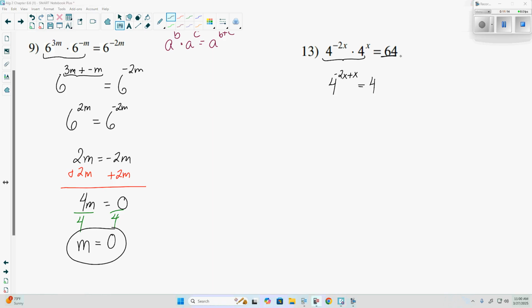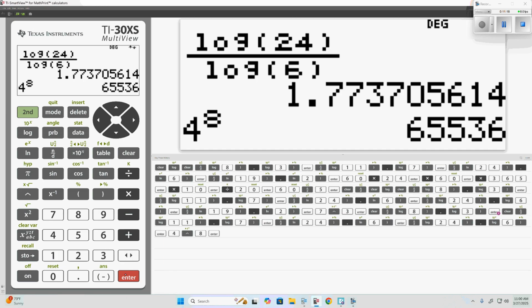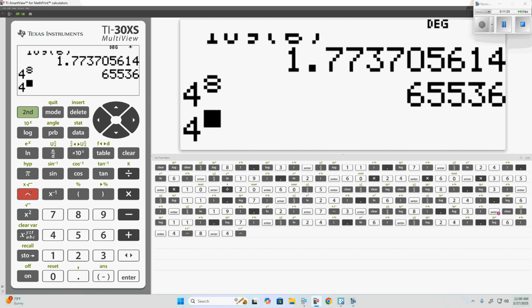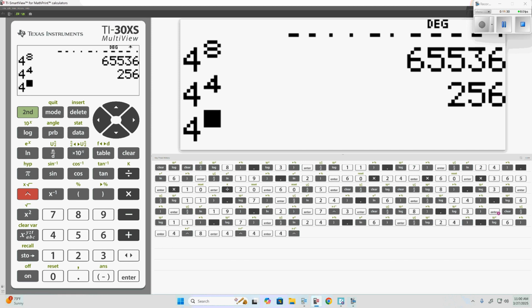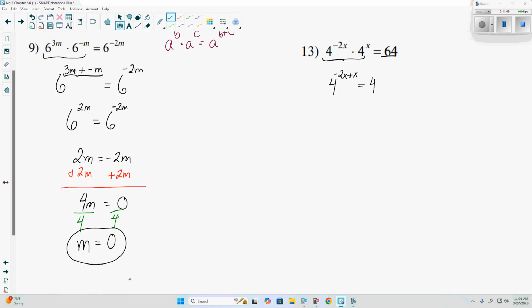Okay. 4 to the 8th is... 4 to the 4th. The 4 to the 8th was too big. 4 to the 4th is still a little too big. 4 to the 2nd, 16. 4 to the 3rd is 64.